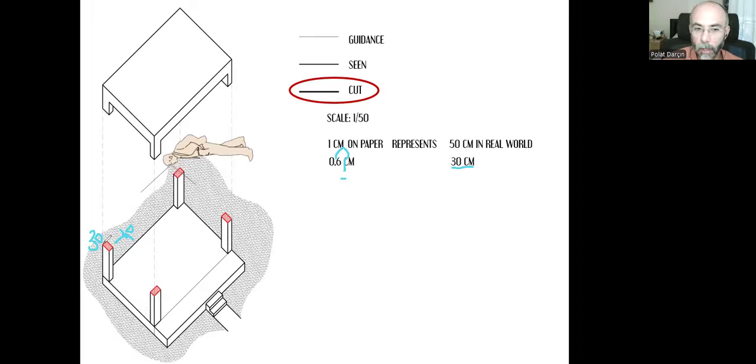So I can start with this point and place my pen here on the paper. That means that if this is 30 centimeter, then I need to draw a 6 millimeter line with a very thick and black line to create that side of my rectangle. And I need to go 40 centimeters this time.